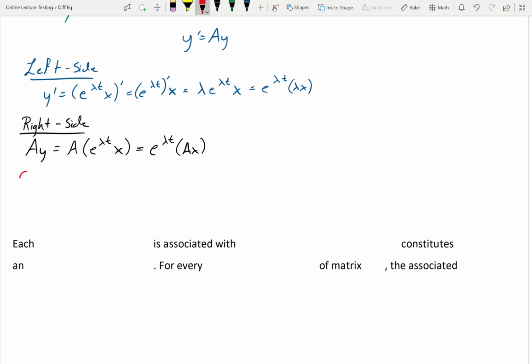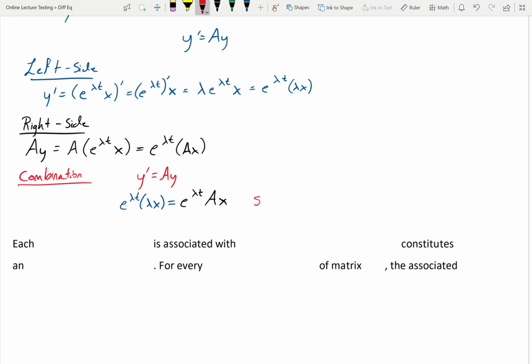So the combination, if we look at the whole thing, y' is equal to Ay, which on the left-hand side, as we just stated, is e^(λt) λx, which is equal to e^(λt) Ax.